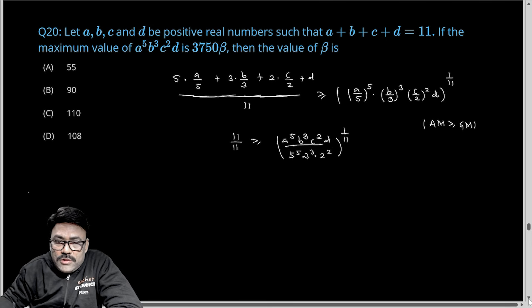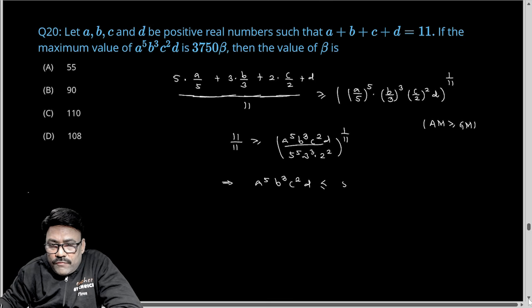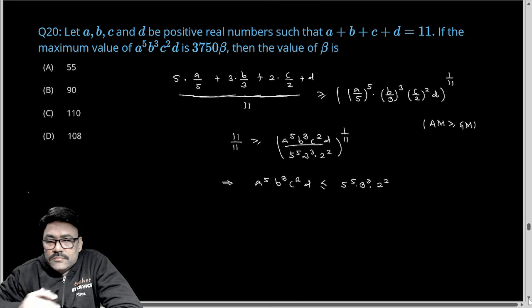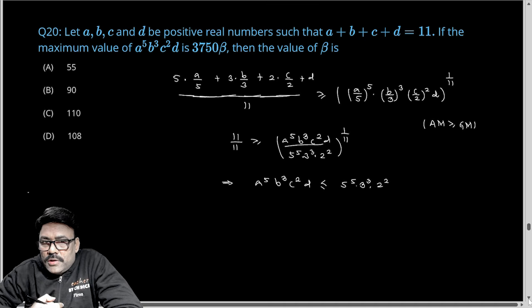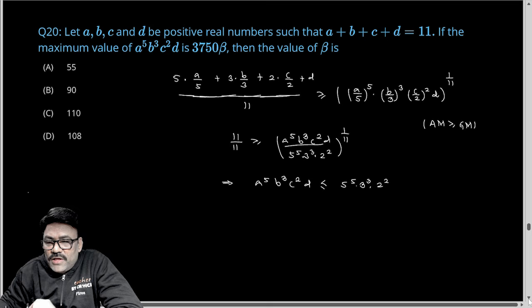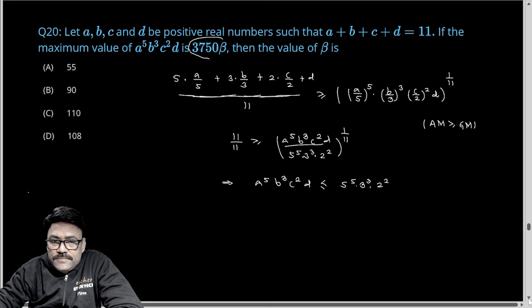So hence this gives you A raised to 5, B raised to 3, C raised to 2, D is less than or equal to 5 raised to 5, 3 raised to 3, 2 raised to 2. So this is the maximum value of A raised to 5, B raised to 3, C raised to 2, D raised to 1. And they have given the maximum value as 3750 beta.